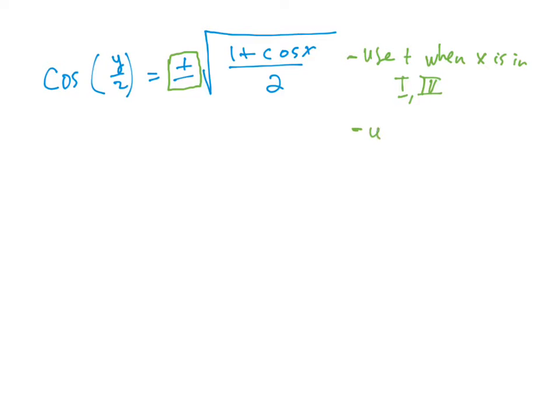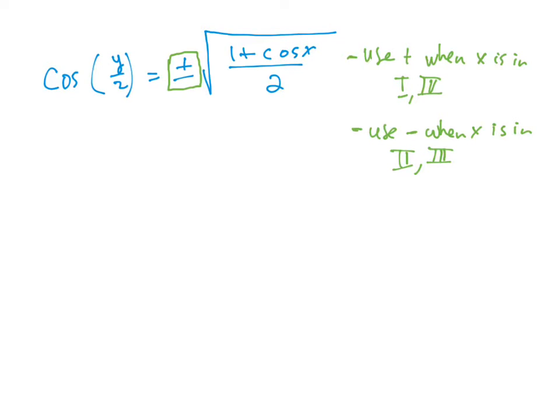We will use negative when x is in second quadrant or third quadrant. So the quadrant that the angle is in determines whether we use the plus or minus here.